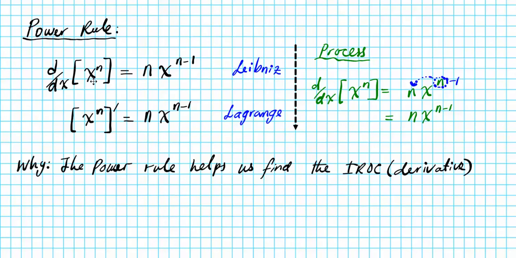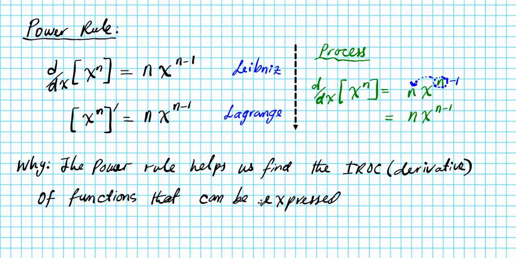Now, how would you be able to calculate the rate of change of that process? The power rule can help us to find the instantaneous rate of change or the derivative at an instant of that function. Generally, we can describe them as functions that can be expressed as powers with numerical exponents.